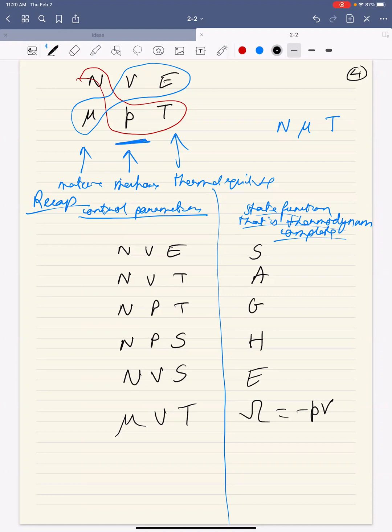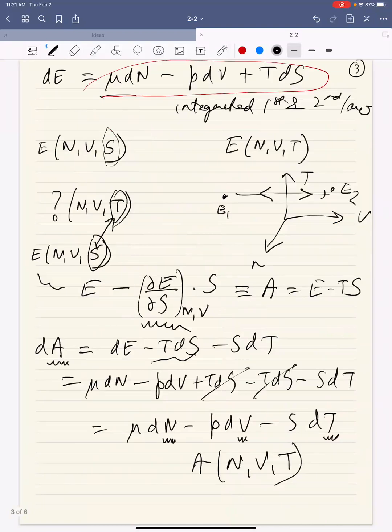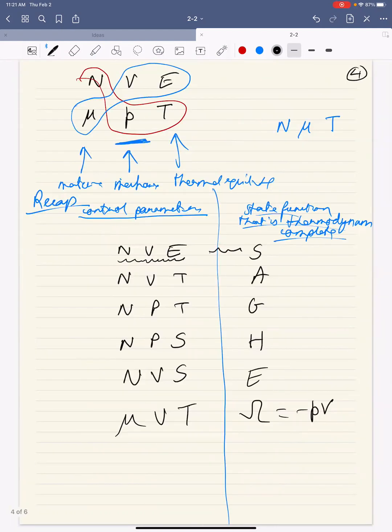You will see that anytime statistical mechanics tells you what is being enforced on a system, you have to go and think about its corresponding state function that is thermodynamically complete. You have to write down the partial derivative involving that state function, and then you're set. You can calculate everything of interest. And this is what we'll be doing again and again and again. If it does not make sense right now, don't worry, it will soon. Any questions about this?